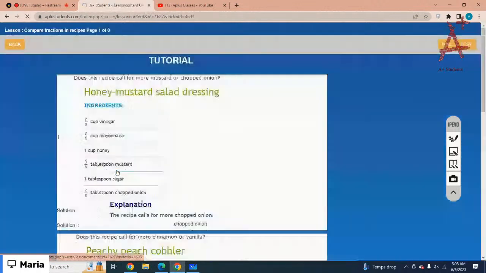Okay, the next lesson is compare fractions in recipes. Does this recipe call for more mustard or chopped onion? The mustard is 3/8 tablespoon and the onion is 7/8 tablespoons. So which is greater?